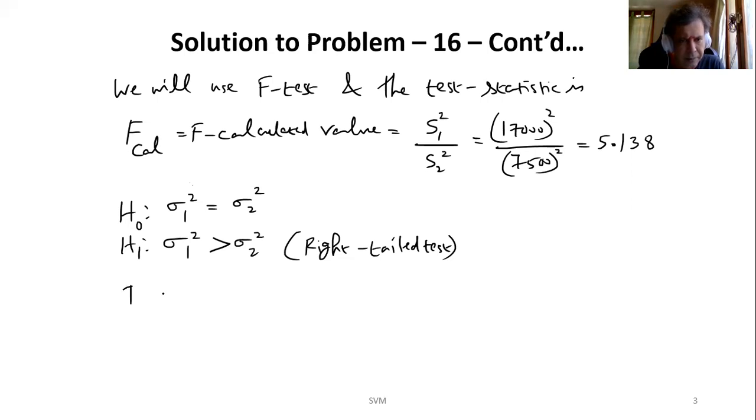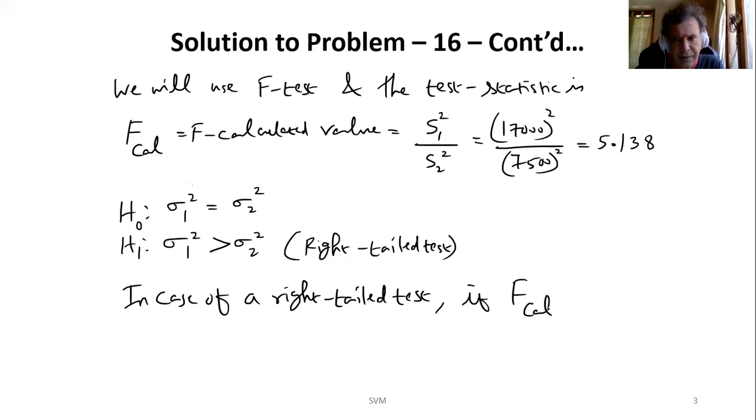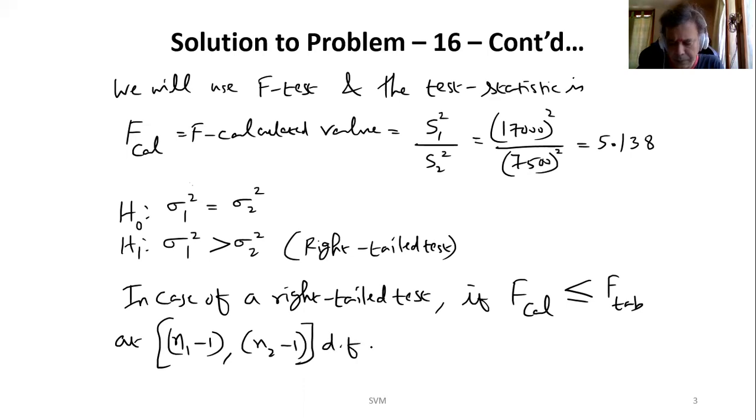In case of a right-tailed test, if F calculated is lesser than the F table value at n1 minus 1, comma, n2 minus 1 degrees of freedom, then we accept the null hypothesis.